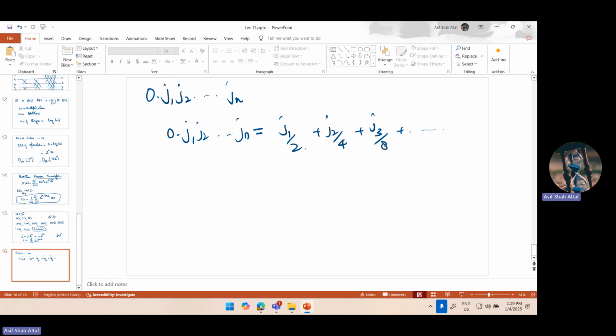So this is a way to convert the binary fraction back into decimal.